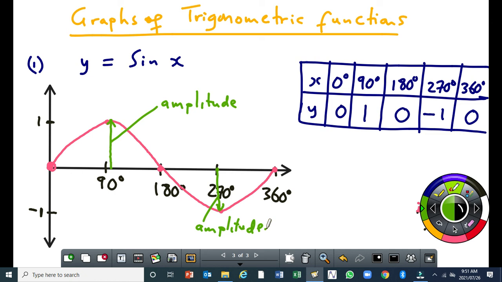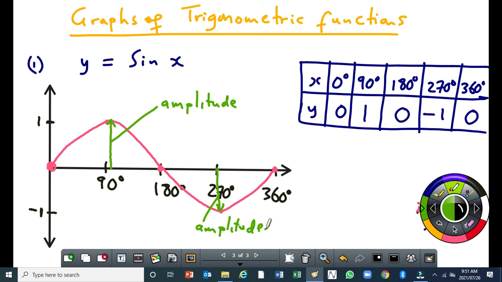So we've got our amplitude. Then the distance in degrees from the origin here up to 360 degrees, that distance is called the period. The length of a full sine curve is called the period.